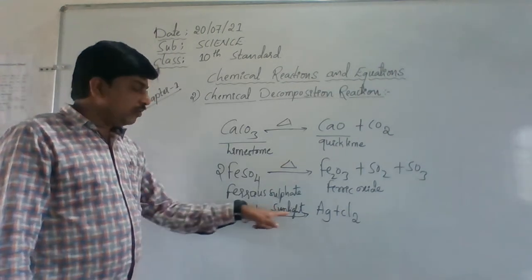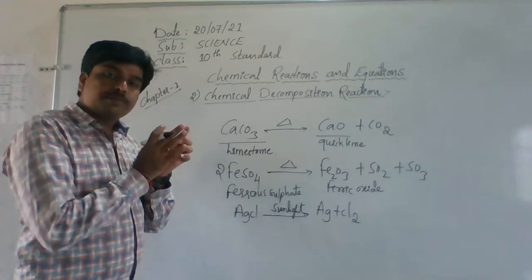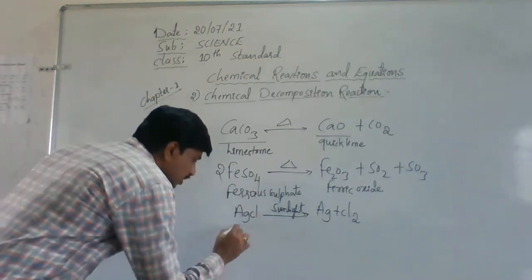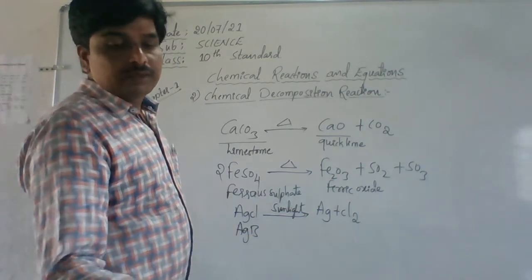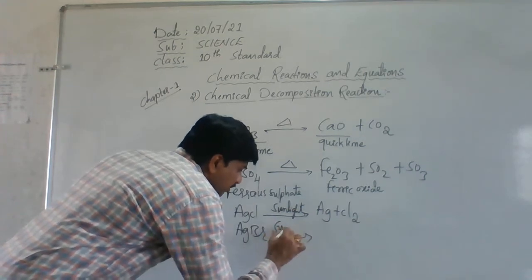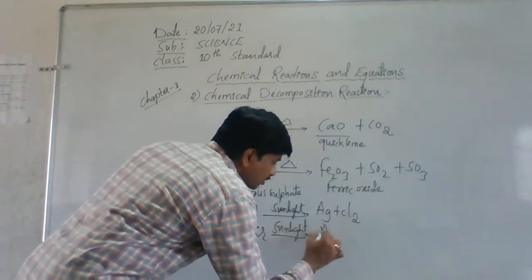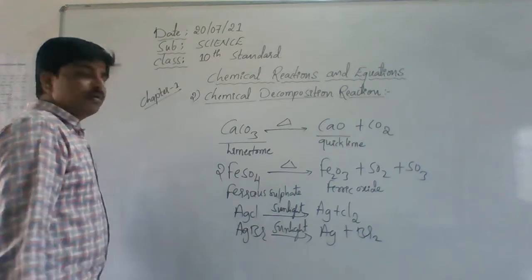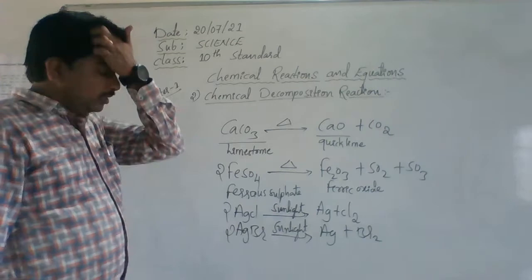When you expose silver chloride to the sunlight, it also decomposes or breaks down to form silver and chlorine. Same case happens in silver bromide. When we expose that silver bromide to the sunlight, it also decomposes to form silver and bromine. Silver and bromine. Just balance this equation. Understand?